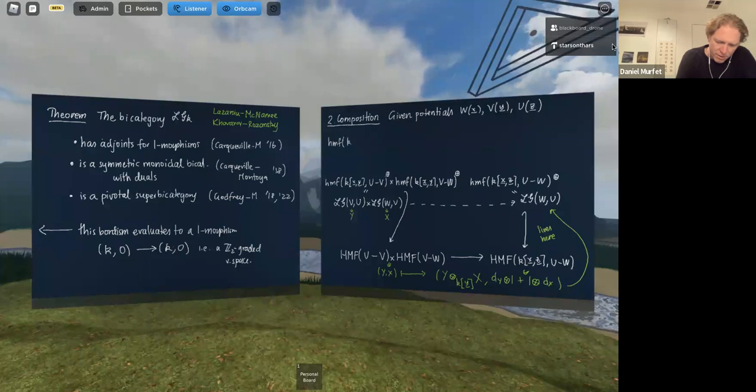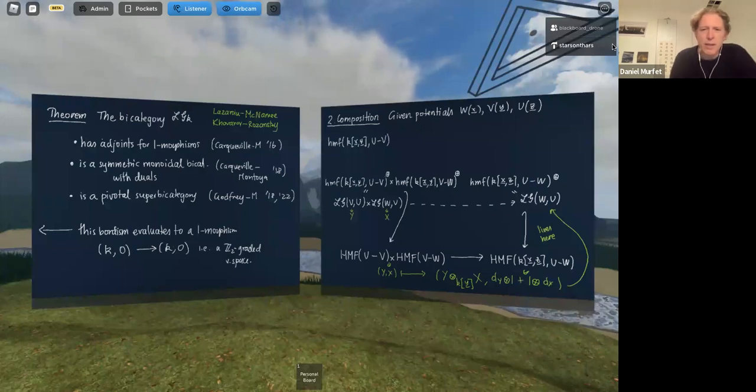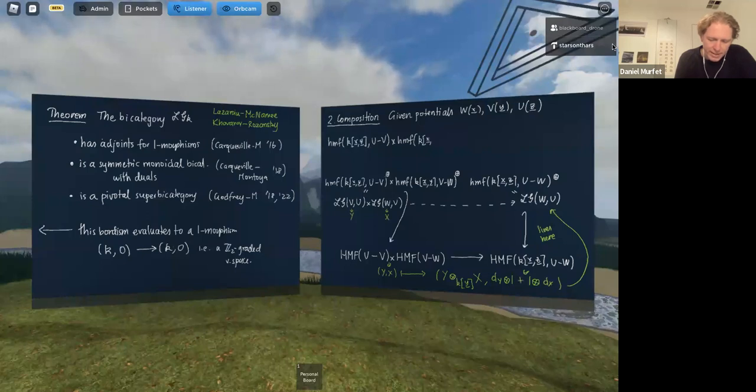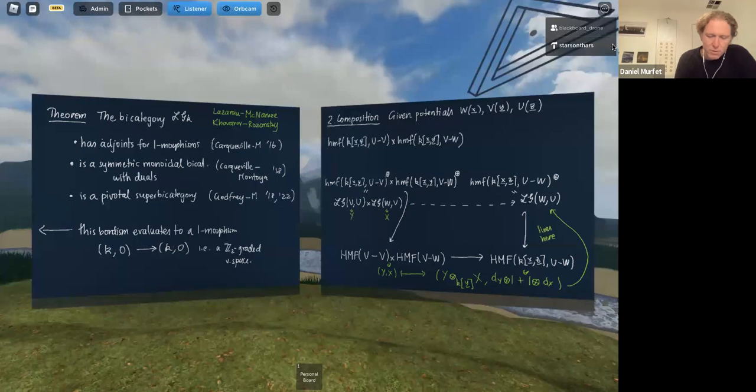Except it's not very finite, right? And it's not very explicit. It leaves you wondering whether you could actually ever compute the composition of a pair of one morphisms in this thing. And well, that just leaves you in exactly the same situation you are if you're talking about Fourier-Mukai transforms, right?